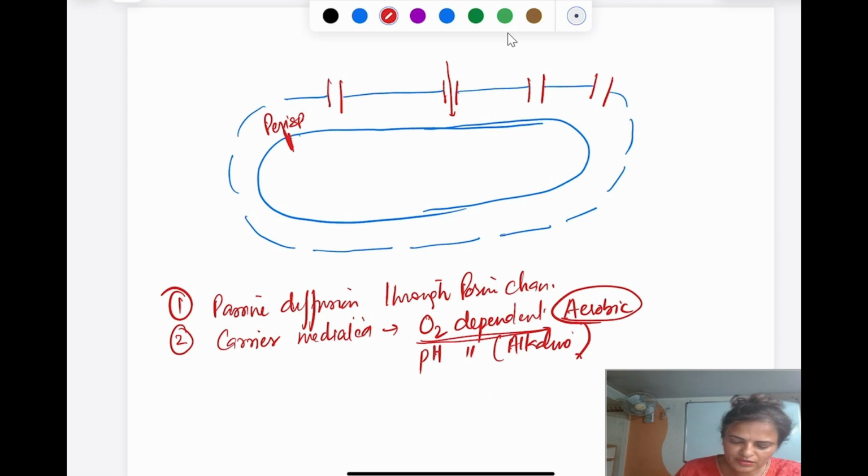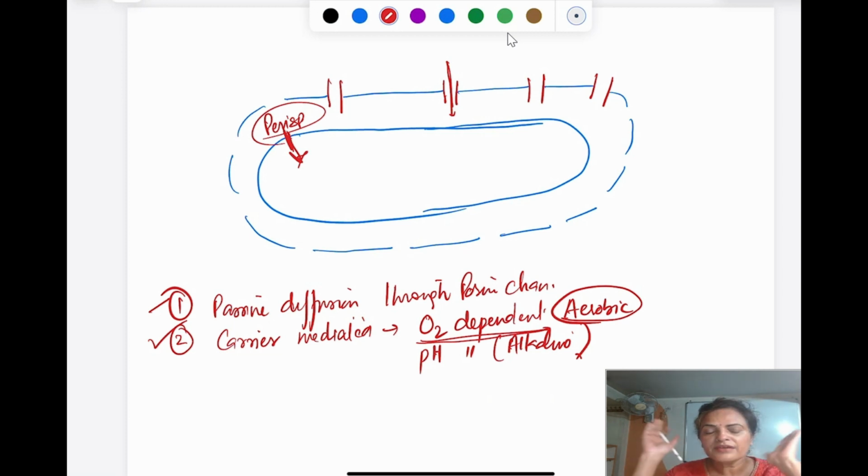Penetration of this aminoglycoside through the cell wall is passive diffusion through the porin channel, and from the periplasmic space across the cytoplasmic membrane, it is carrier mediated, which is dependent upon oxygen and pH. Alkaline pH favors the penetration of the aminoglycoside from the periplasmic space across the cytoplasmic membrane.